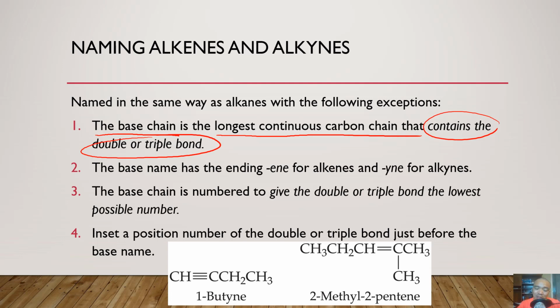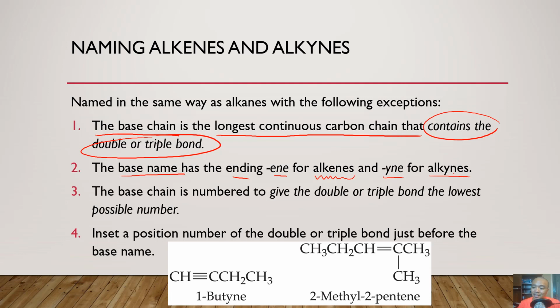You must make sure the double bond or triple bond is part of the main chain. The second thing is the base name will have ENE as the ending for alkenes and YNE for alkynes. Remember, for alkanes, you have an ANE ending.